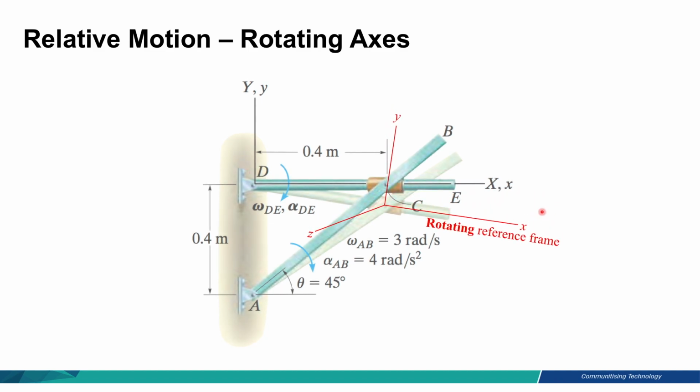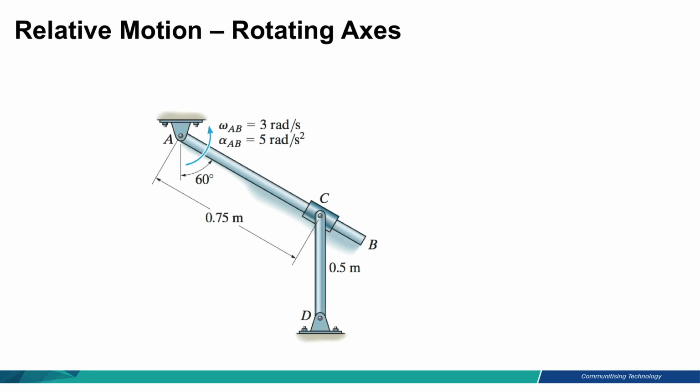Let's take a look at another example. In this case, we also have two rigid bodies, AB and CD. Throughout the motion, point C will rotate about point D and also slide along this rigid body AB.